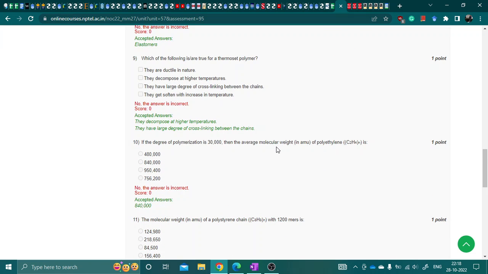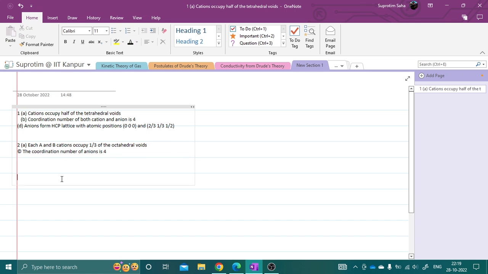Okay, so if the degree of polymerization is 30,000, what is the average molecular weight in atomic mass units of polyethylene, C2H4? Basically, this is question number 10. First, the atomic weight of carbon is around 12, and the atomic weight of hydrogen is around 1.